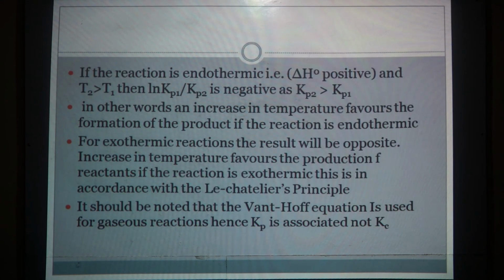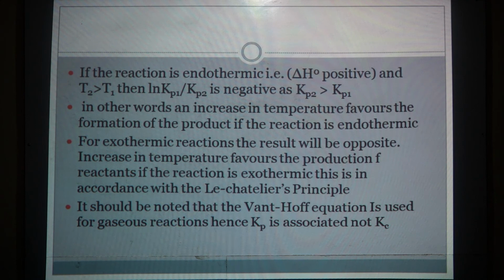Now, if the reaction is endothermic, that is, delta H0 is positive and T2 is greater than T1, then ln Kp1 divided by Kp2 is negative, as Kp2 is greater than Kp1. In other words, an increase in temperature favors the formation of the product if the reaction is endothermic.